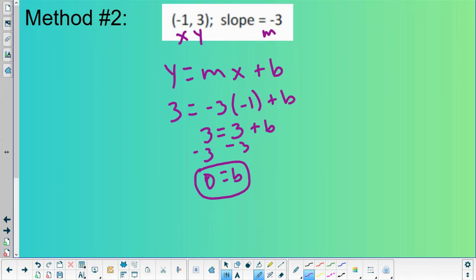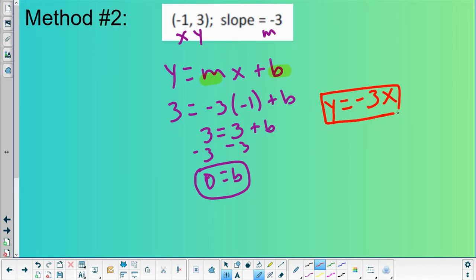Okay, that's 0. All right, so now I still need to write the equation. Okay, and the equation has to be in this form. So what I'm going to do is I'm going to keep my y and my x. The only things I'm going to replace are the m and the b. Okay, so in this case, we have y equals, m is still negative 3, x, and now I know my b is 0, so I can either write plus 0 or I can leave it just like that.